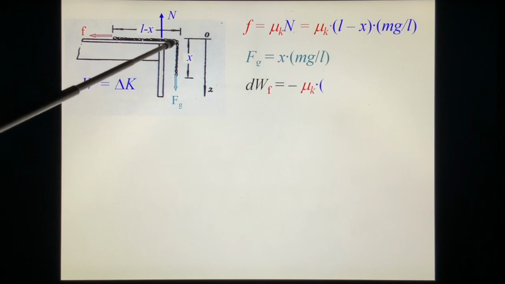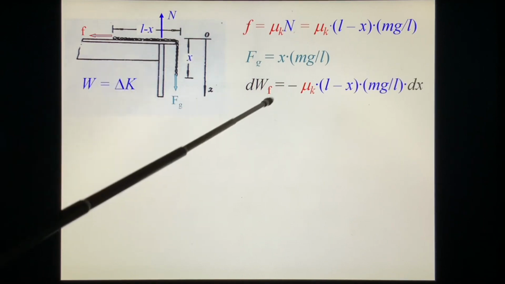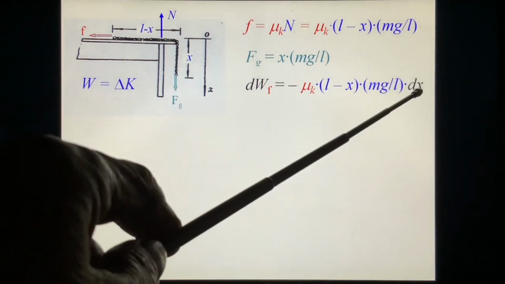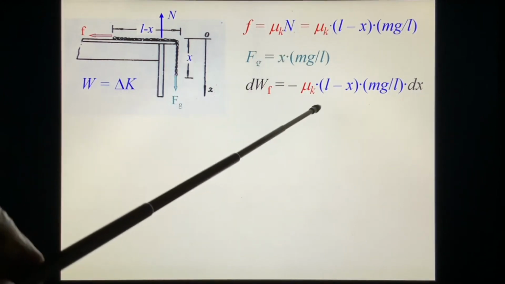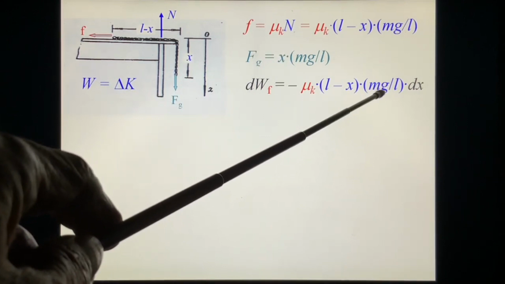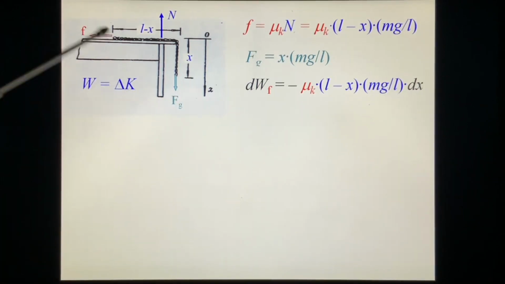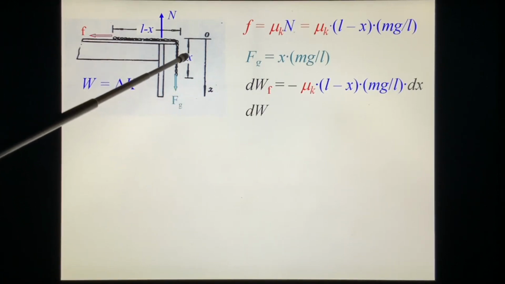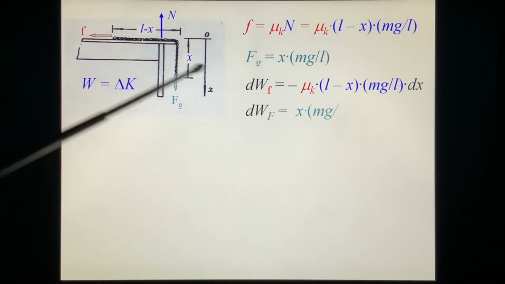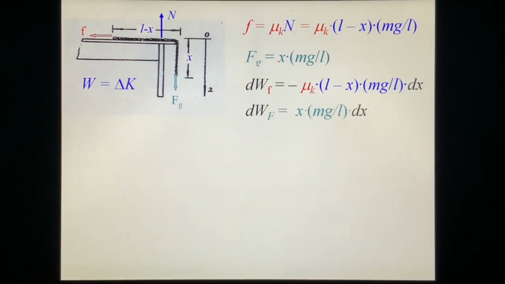When we move a little bit dx downward, the work done by the friction is F dx. F is equal to mu k times the length times the weight density. And we see the work done by the gravitational force is the weight of x, times dx.